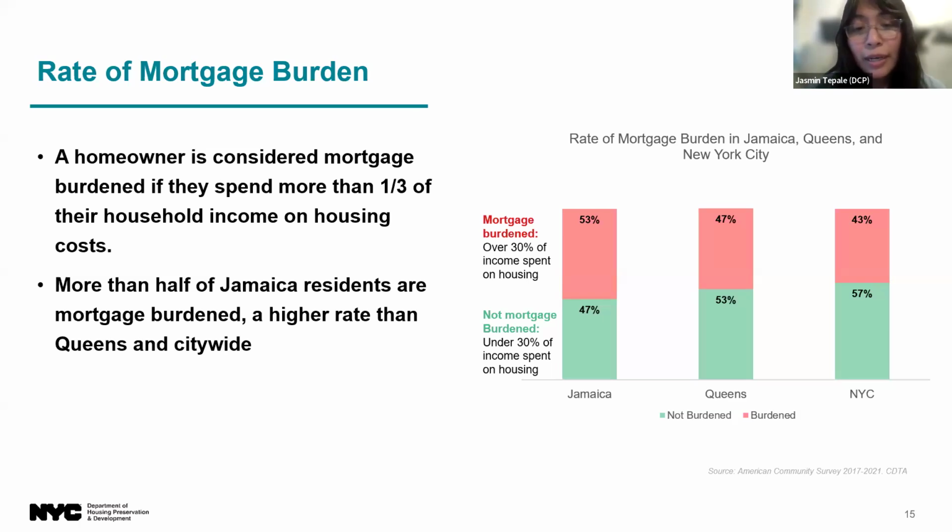Here, Jamaica exceeds the rate of mortgage burden of Queens and the city, meaning they spend greater than 30% of housing costs on their mortgage. Also, we see an increasing number of homeowners vulnerable to deed theft, which is on the rise. So HPD has been working in the neighborhood on this, which we can talk more about in a little bit. Next slide.